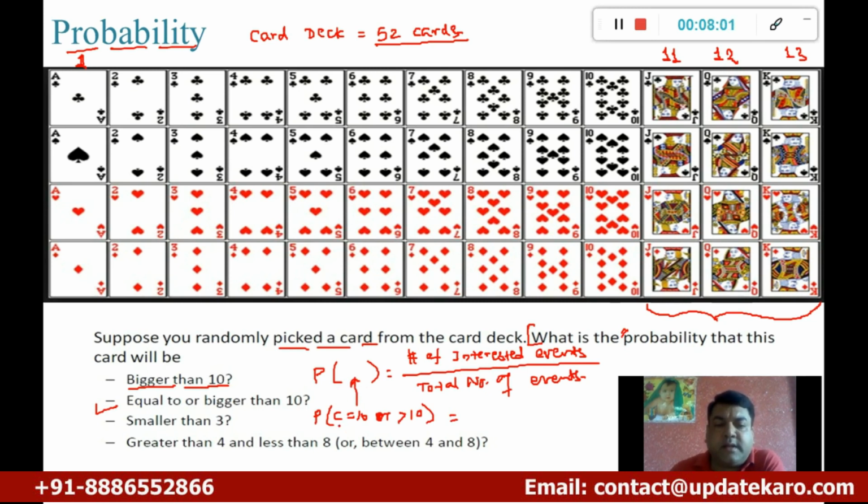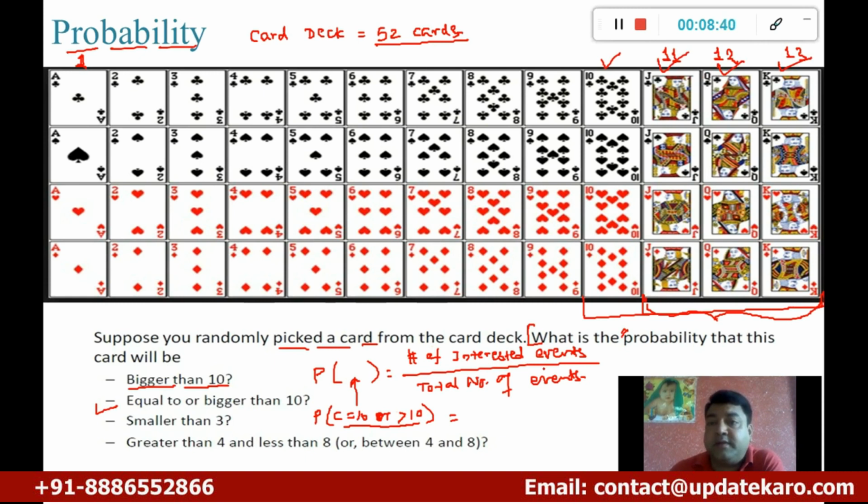So now if I am interested in the card which is equal to or greater than 10, greater than 10 we have already seen, so these are the greater than 10 area for the cards. We have to add this one because we are now saying equal to 10 as well. So we are going to consider these 4 cards, these 4 cards, these 4 cards and these 4 cards. Here again, if you see the definition of probability, how many interested events are there?